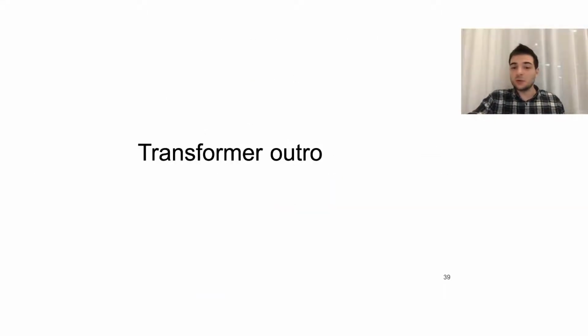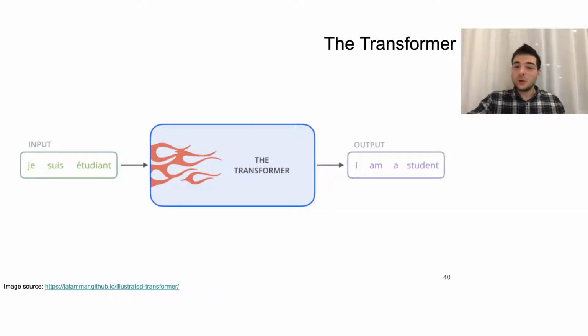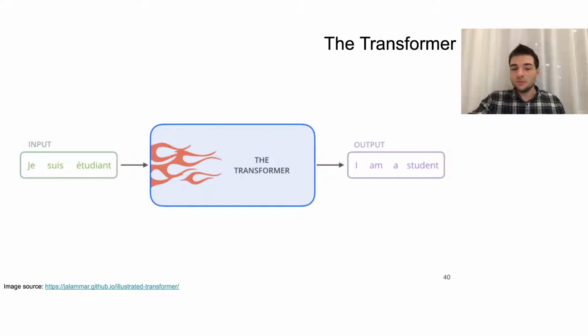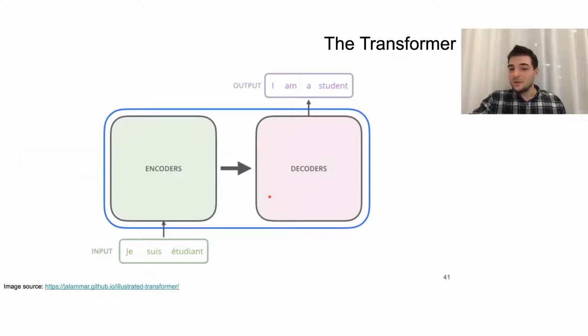And just a tiny outro for the next week, where we start speaking about the transformer, because actually self-attention is a core mechanism which is in the fundament, in the basics of the transformer. So just a beautiful picture of the transformer. Nothing interesting here. Actually, the transformer contains encoders and decoders.